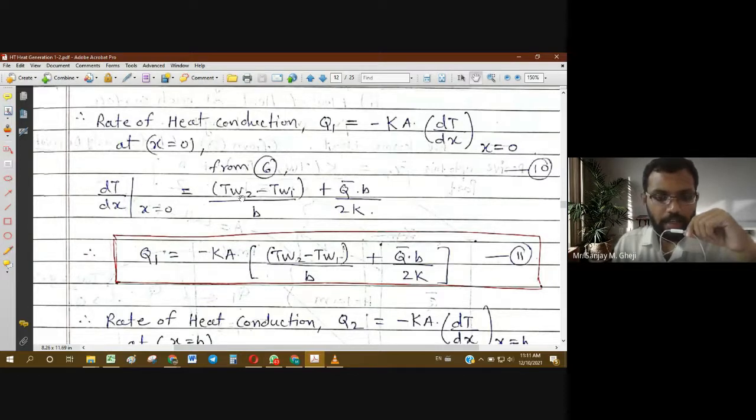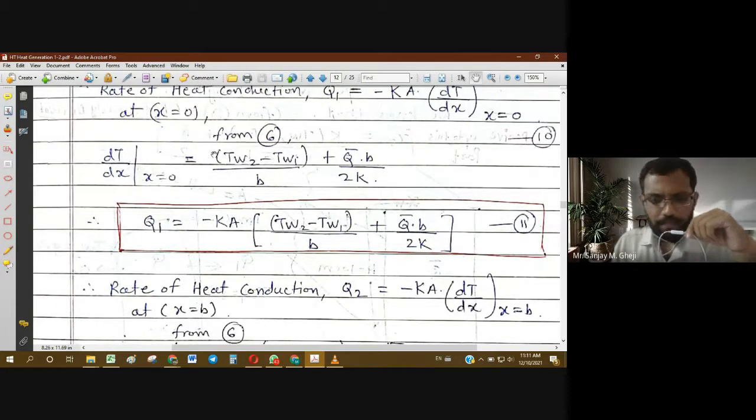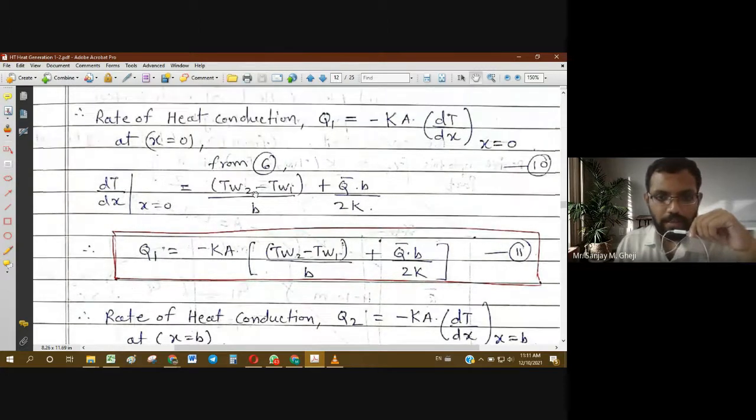Then we get (Tw2 minus Tw1) upon b plus q bar b upon 2k. If we put these two terms in the equation for q1, we get q1 equal to minus k as it is, with dT/dx at x equal to 0 replaced by these terms. So the entire bracket comes here.